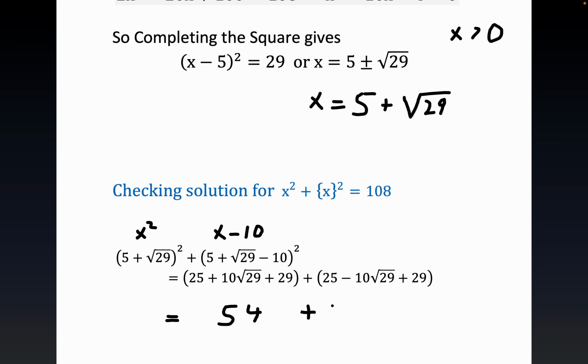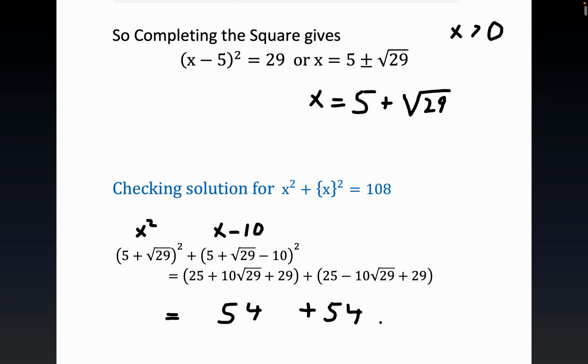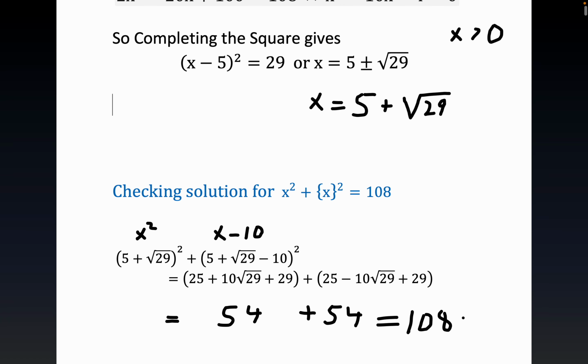And that does equal the 108 that we anticipated. So the check checks out. Now we can conclusively circle this as the answer: 5 plus root 29 is the solution.